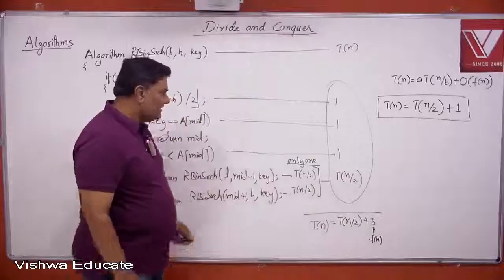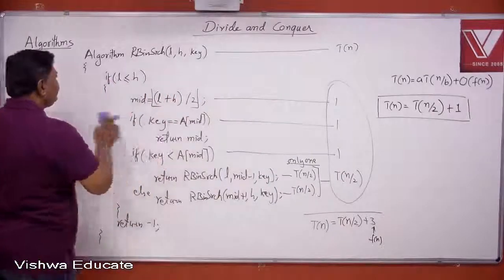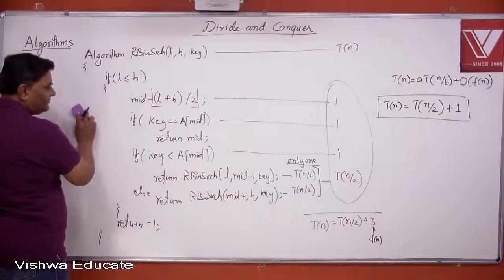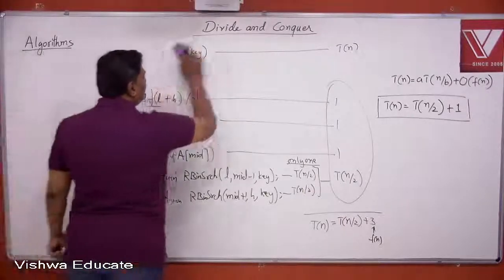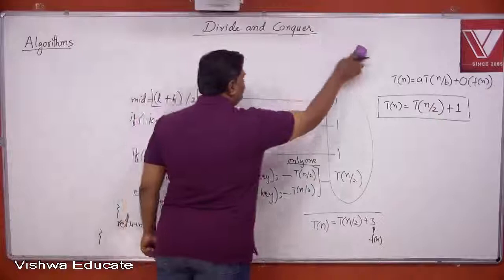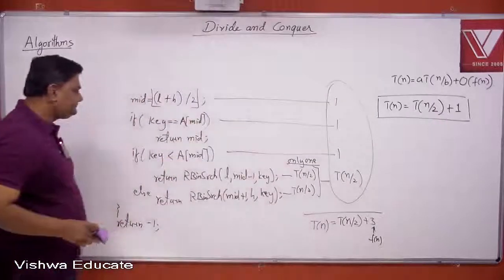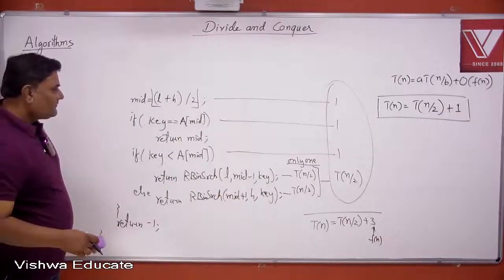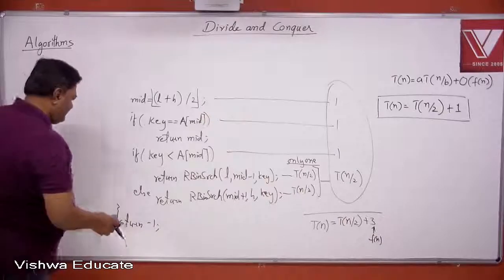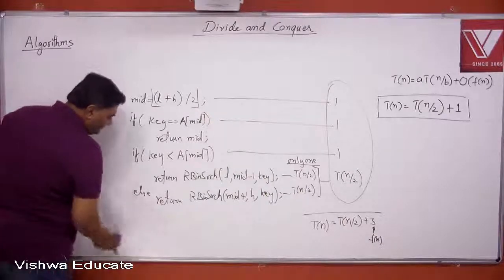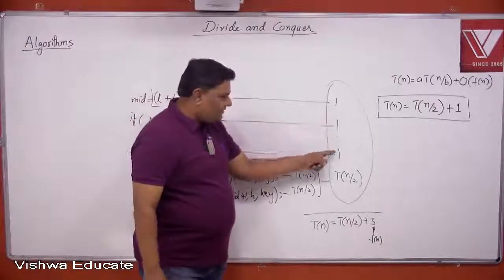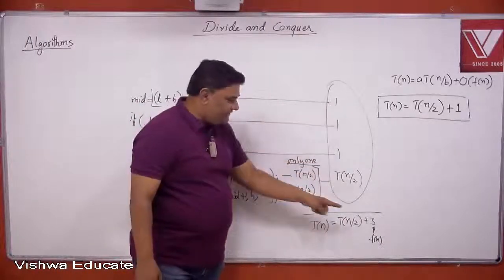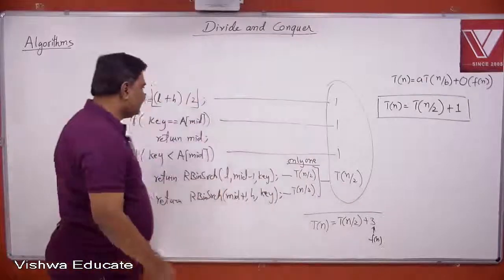I'll remove this because I need space. So finally we don't have to count all these and write. These are constant values, so write 1 only there.